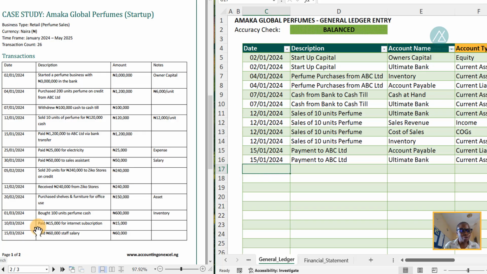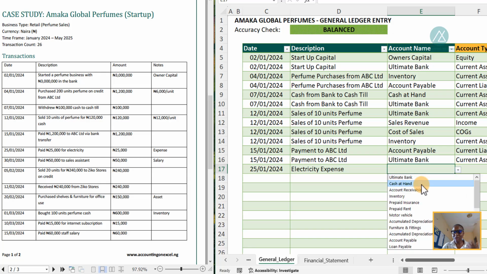All right. So we move to the next one. It says on the 25th of January, paid 25,000 for electricity. So let's assume that this 25,000 was paid from cash. It's an expense, right? So on the 25th of January 2024, we paid electricity expense, from the money we have at hand, cash at hand, right?